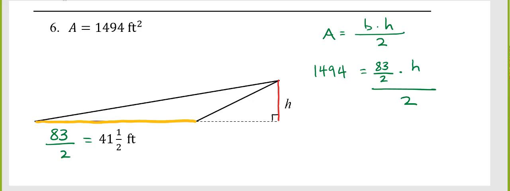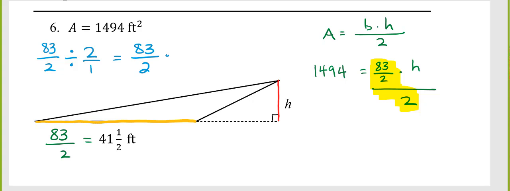Okay, let's go do this division. I want 83 halves divided by 2. How do you divide fractions? You have to multiply by the reciprocal. 83 halves times 1/2.